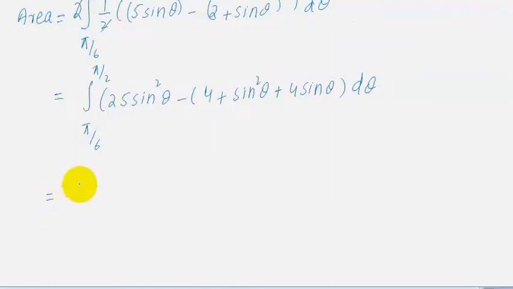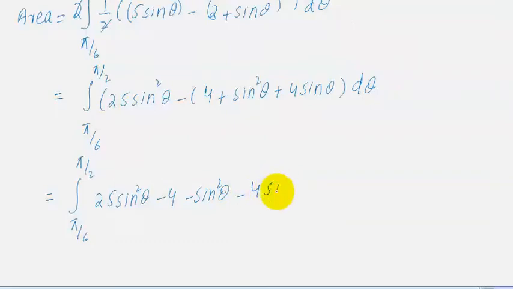This is equal to the definite integral from pi by 6 to pi by 2 of 25 sin square theta minus 4 minus sin square theta minus 4 sin theta, whole d theta.